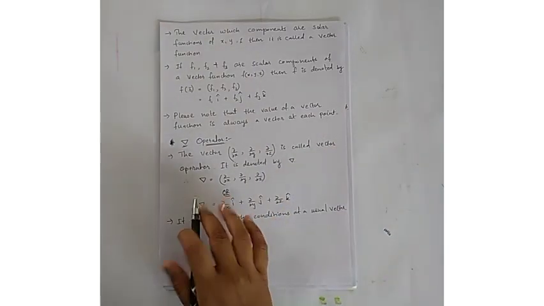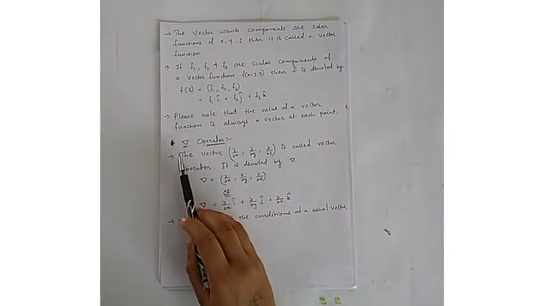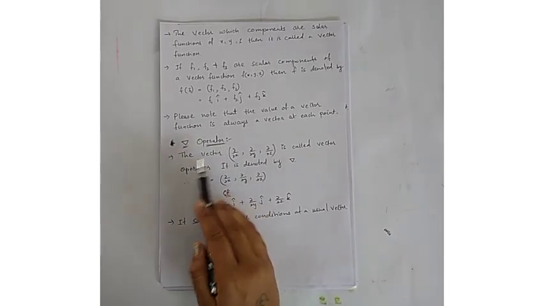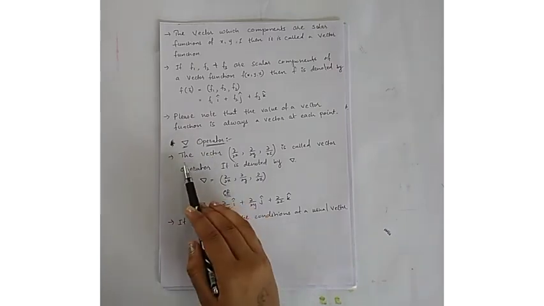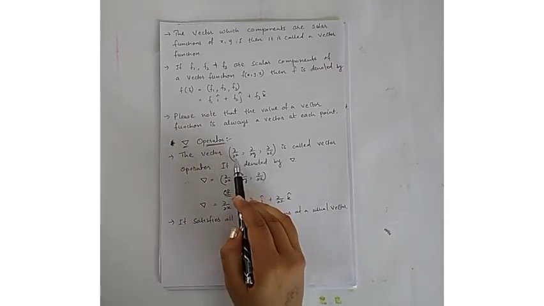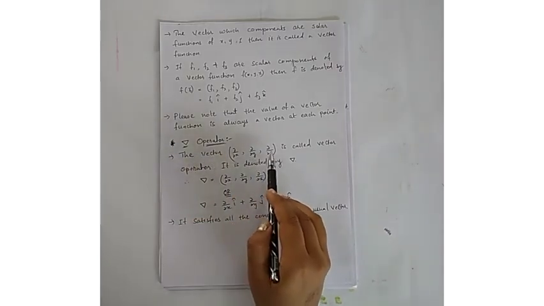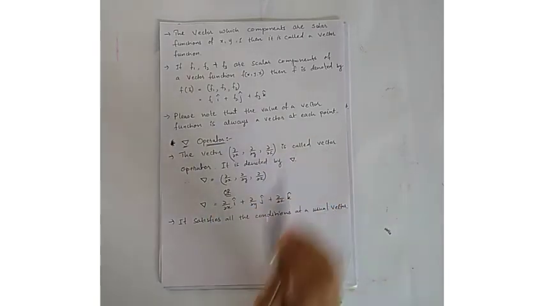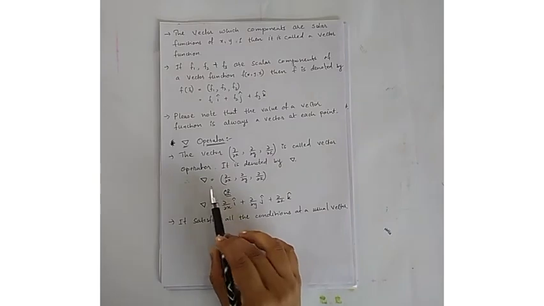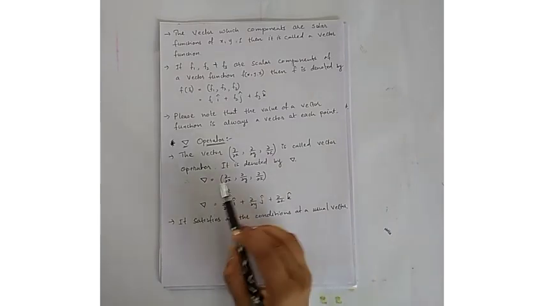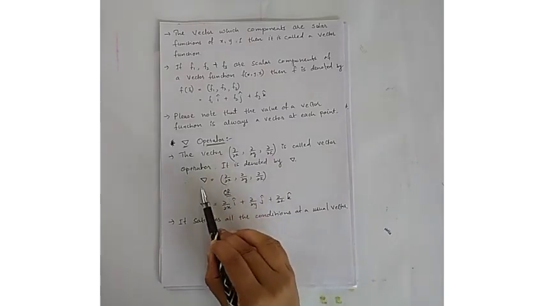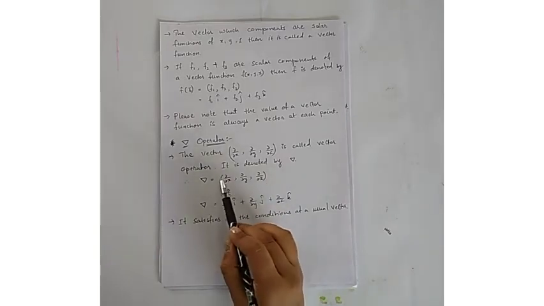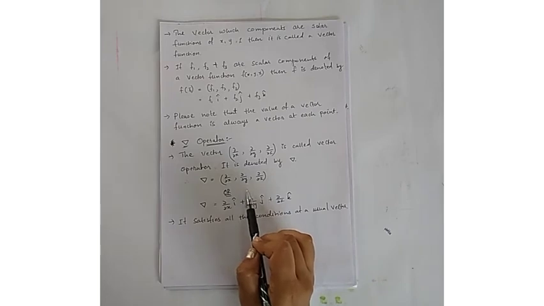Next topic is the nabla operator. What is the nabla operator? The vector del by del x, del by del y, del by del z is called the vector operator, which is denoted by delta. Delta is an operator, and the value of this operator is a vector, which is del by del x, del by del y and del by del z.